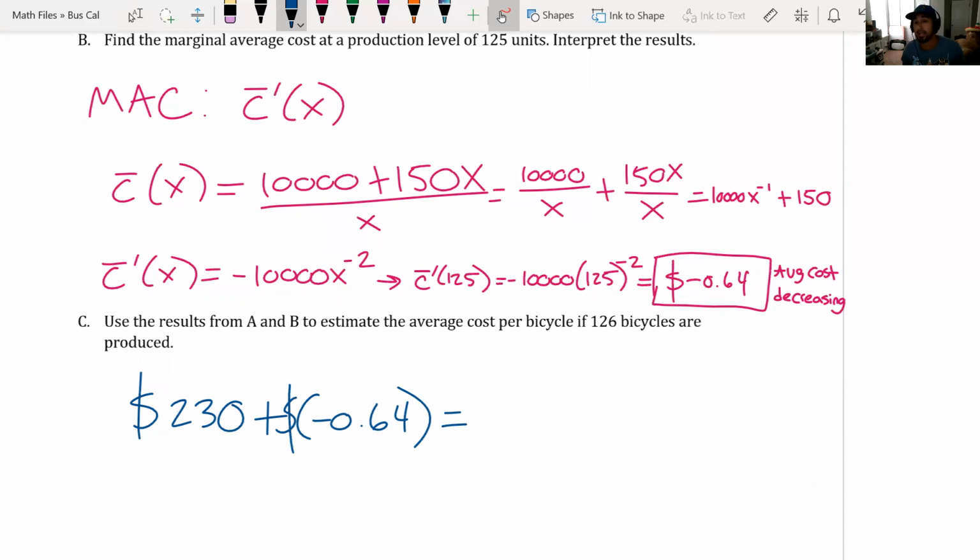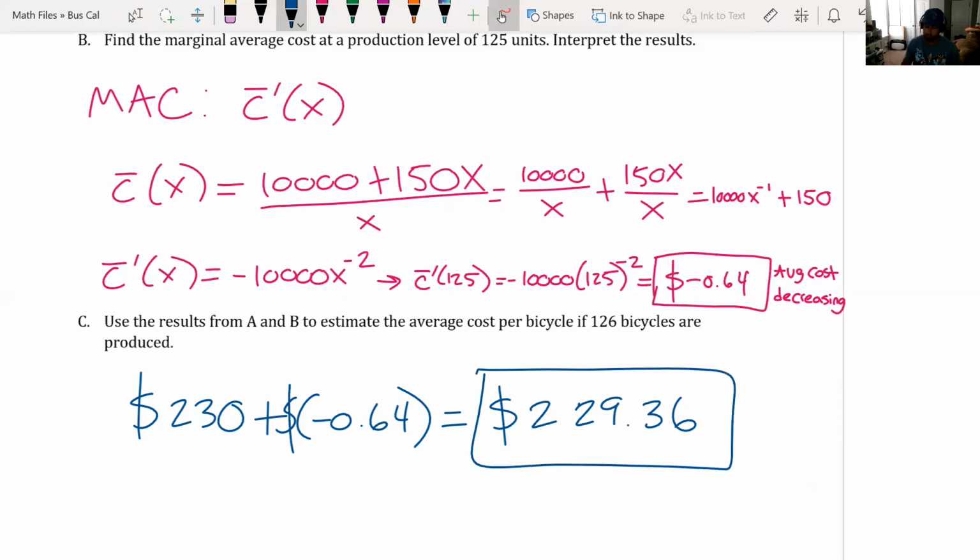And the estimated average cost of the 126th bicycle is just going to be $229.36. Because if the cost is decreasing per bicycle, then the 126th bicycle is going to be 64 cents less than the last one. So that's it. So this would be $229.36.